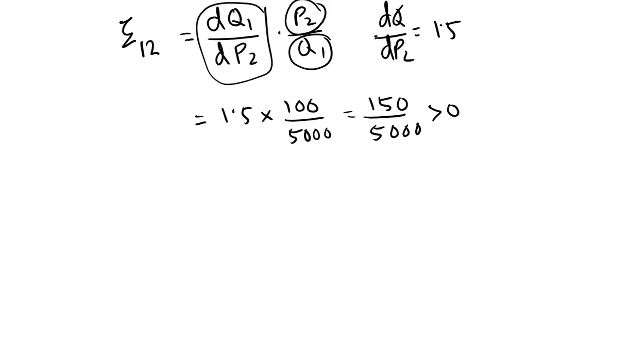So if the cross price elasticity becomes positive, we know that it's only possible when goods are substitute in nature. So the relationship between good 1 and good 2 is substitute in nature.